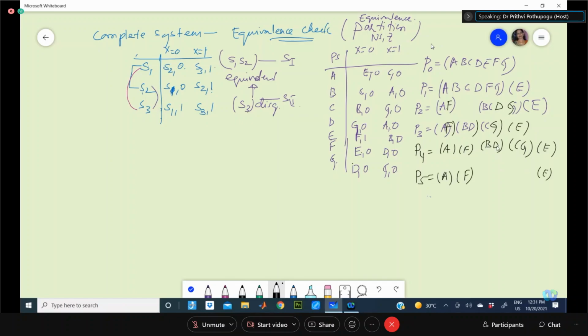Check BD. BD is CG and A. CG and A. So again we are getting the same. CG is BD and G. BD and G. Okay. So here you have to stop because P4 and P5 partitioning is the same.